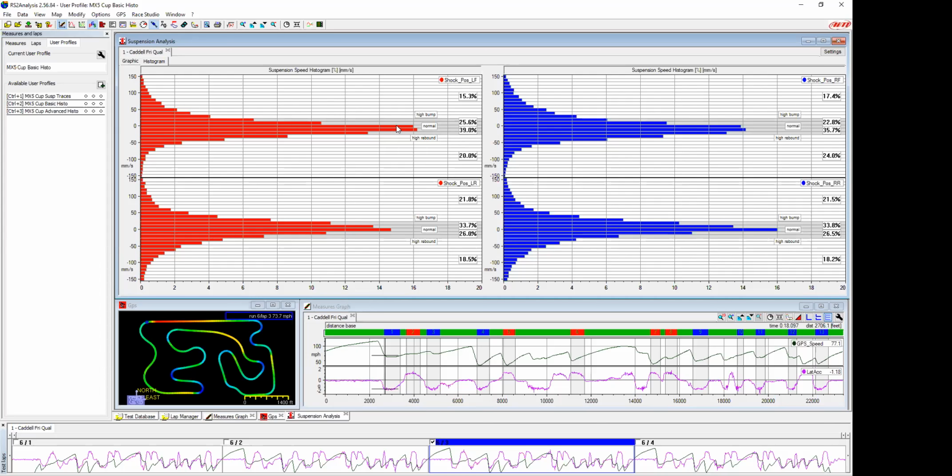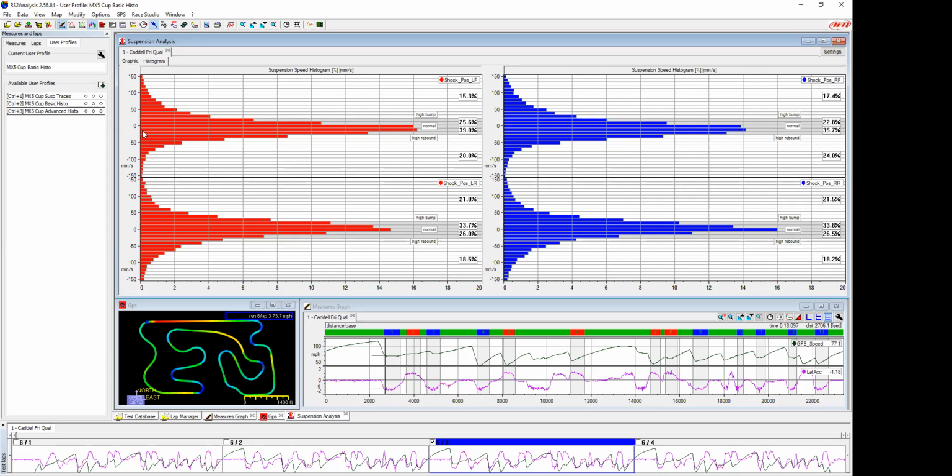The 0 on all of these is splitting a bin right here in the middle. Basically that is the super slow motion of the shock shaft. How much time has that shock been either stationary or nearly? In other words, you're just running down the straightaway. How much time was the shock moving less than 5 millimeters per second?